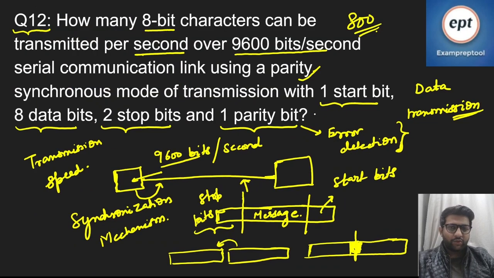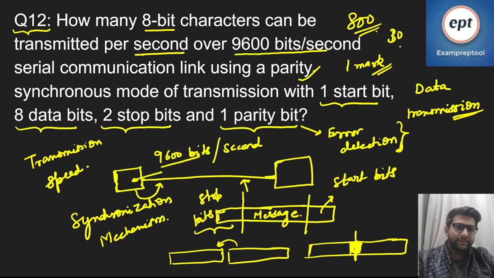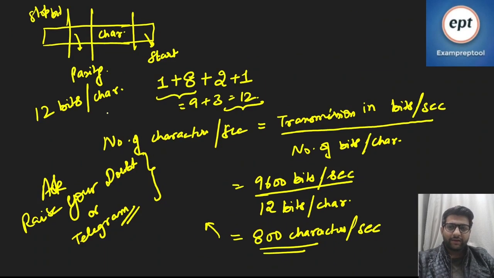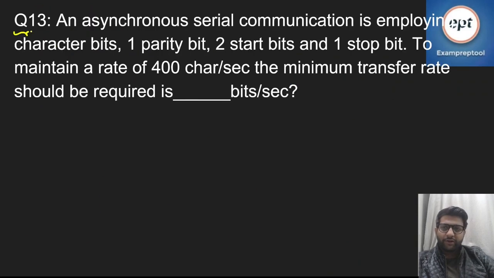These types of questions are usually asked for 1 mark, and if you know this concept, then this question is like a cakewalk. You can solve it in like 30 seconds or 1 minute. So let's move to question number 13.